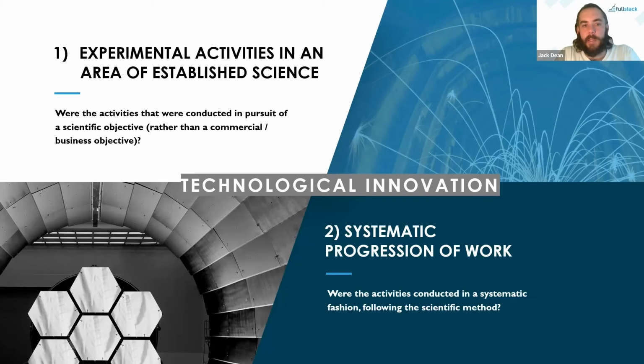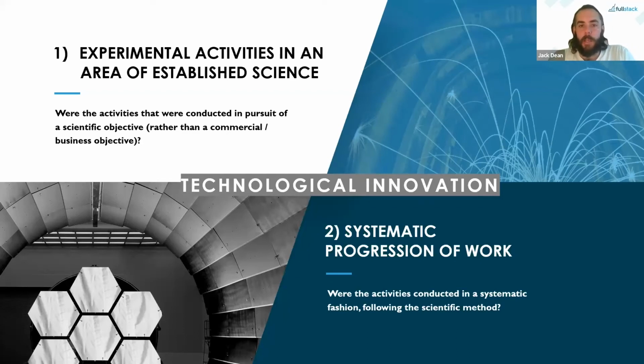Core R&D activity is an experimental activity that is conducted within an area of established science. So you need to be pursuing a scientific or technical objective rather than a commercial or business objective. Obviously, those two things are quite intertwined sometimes, but the focus of the research and development contemplated by this program is really on technical and scientific innovation.